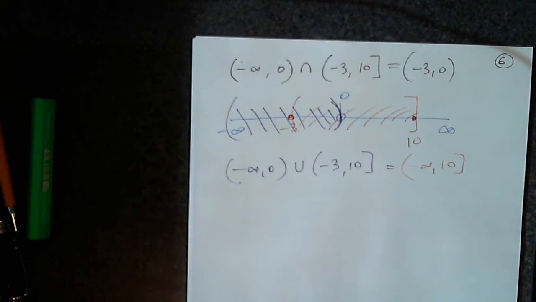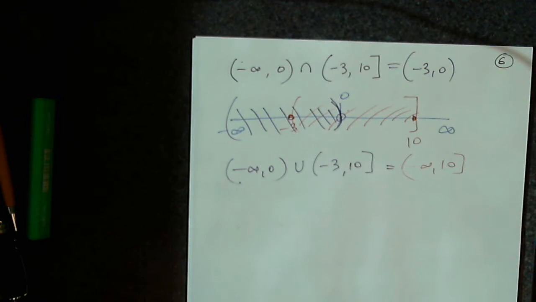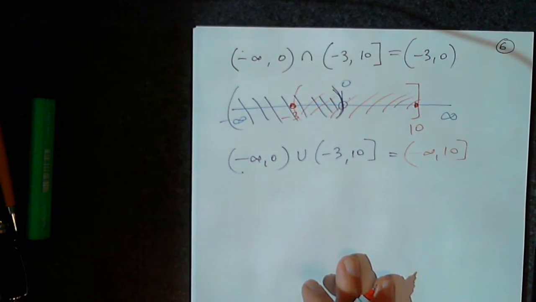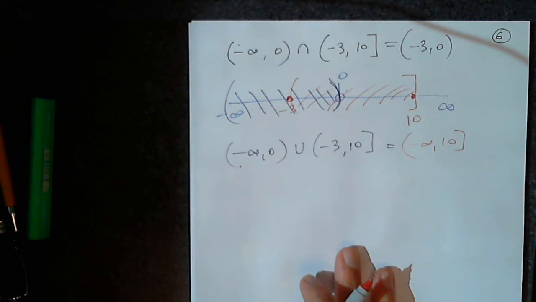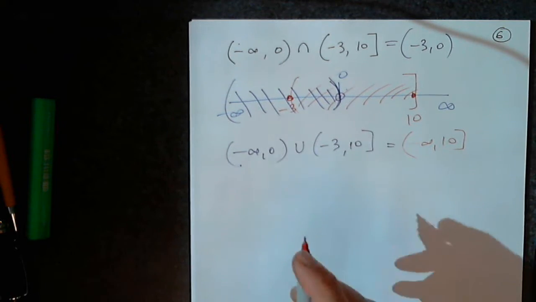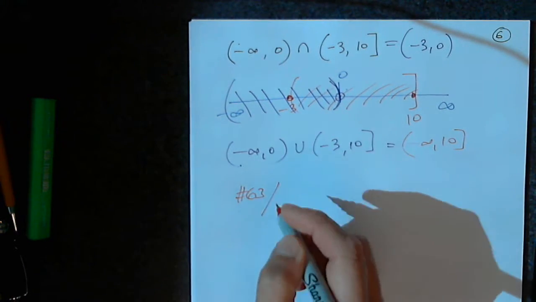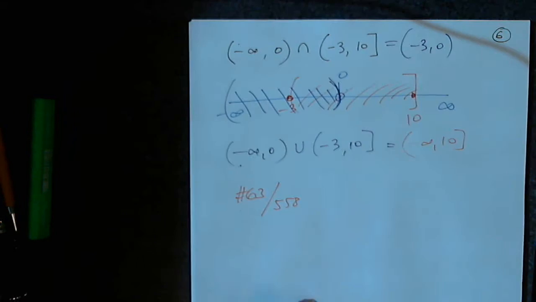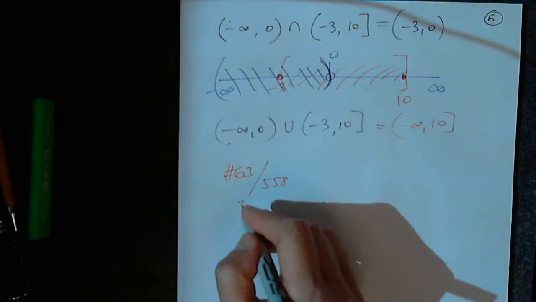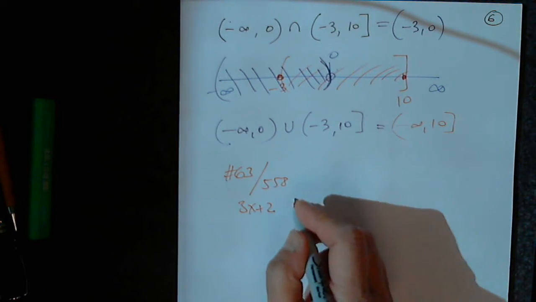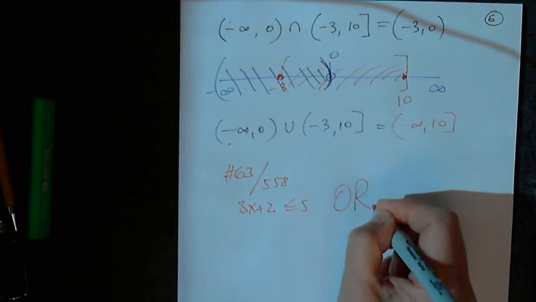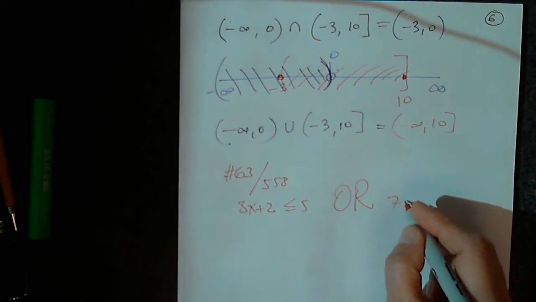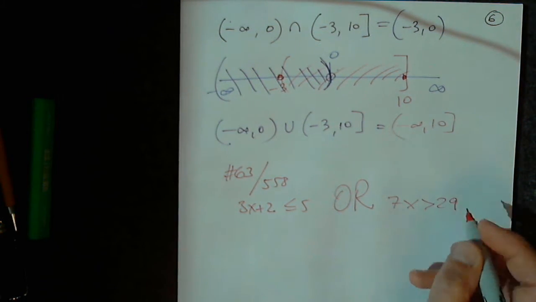Let's say 63, one out. Feel free to choose if something catches your eye. So 3x plus 2 less than or equal to 5, or 7x greater than 29.